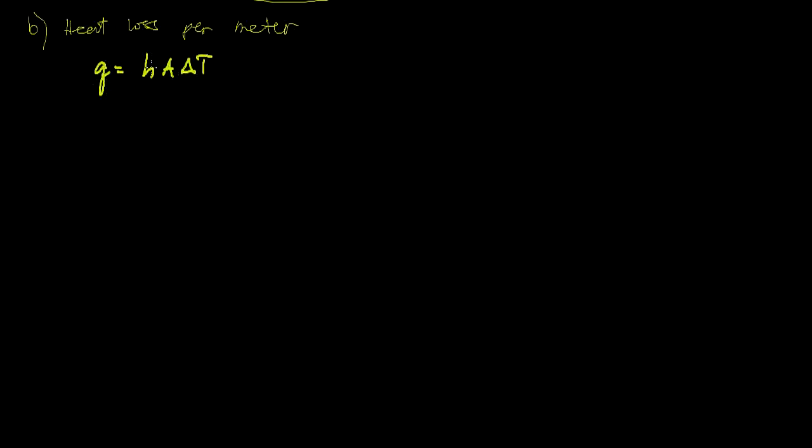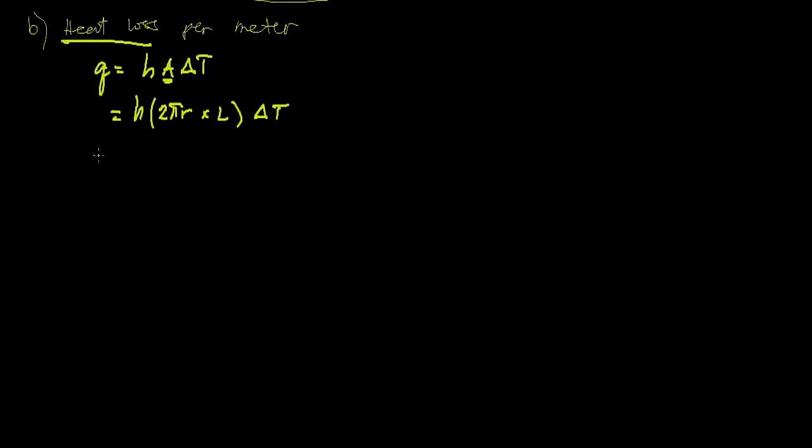And we can further express this by having our area A written as the circumference, which is 2 pi r, times the length, and the delta T. Okay, so for us to get the heat loss per meter, we can divide both sides by unit length.